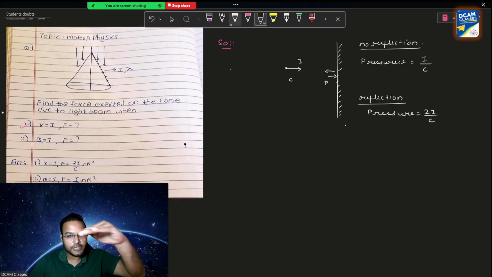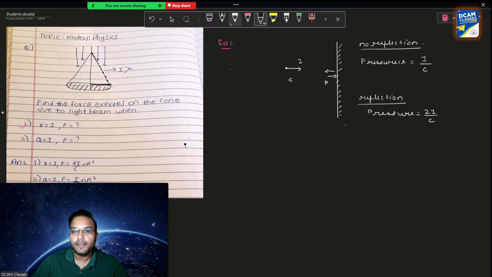If you take the projection on the horizontal, they are actually striking the whole circular area. We know when there is no reflection, pressure is equal to I by C. This is the force divided by the effective area on which this is incident, that's pi r square, the radius of the lower surface. So the force exerted is equal to I by C into pi r square. He gave the result also.